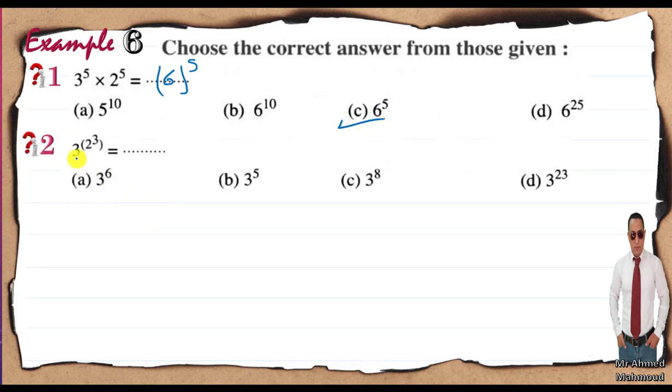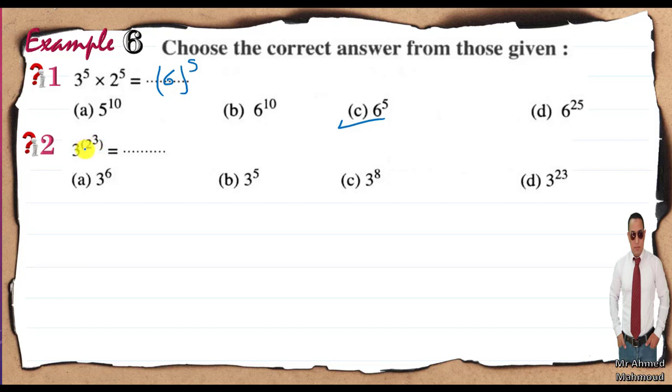3 to the power of 2 to the power of 3. Here I can't multiply 2 times 3, because here it is 2 to the power of 3, the bracket here is not between the interior power and the exterior power. Here the bracket is among the two powers.